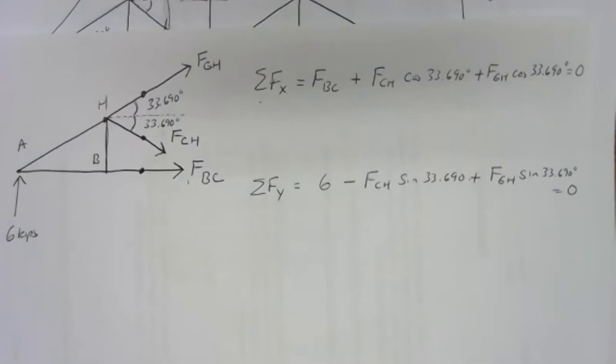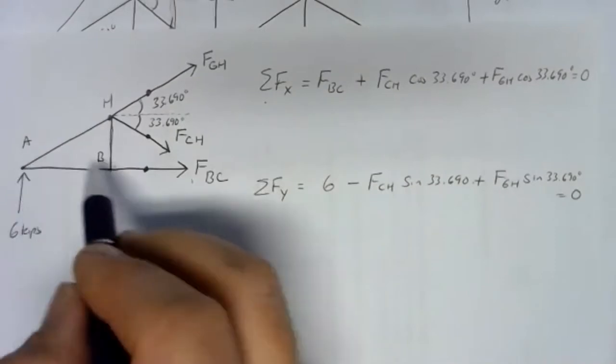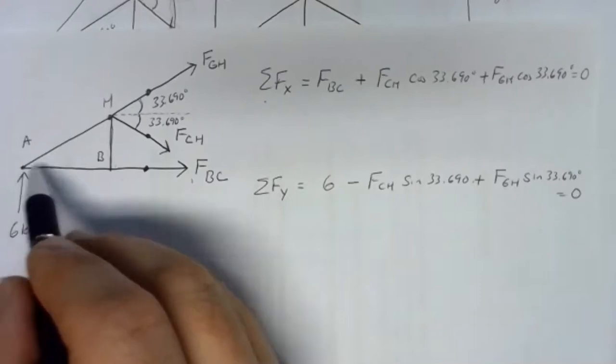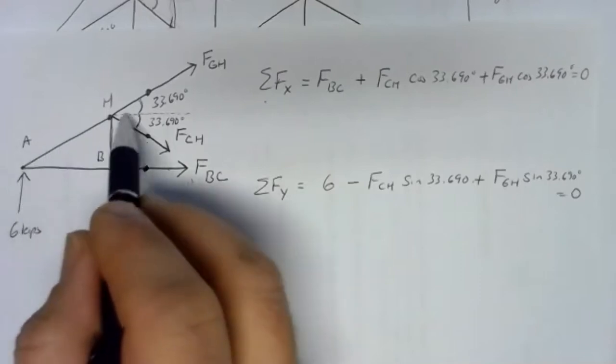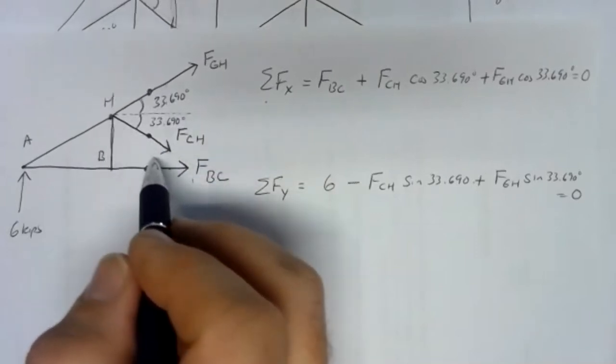Moment equation is going to have to save us here. Now, the moment equation all depends on what pivot point we pick. And we only really have 3 candidate points here. It's going to be the 3 physical joints in the problem, A, B, and H. Now, if you go and pick A, you're going to knock out FBC. You're going to knock out FGH, but you'll have a moment due to FCH.